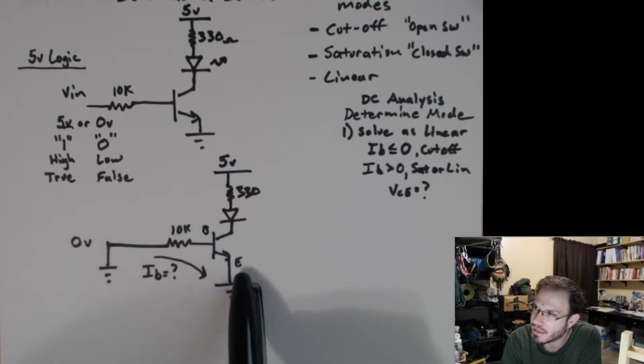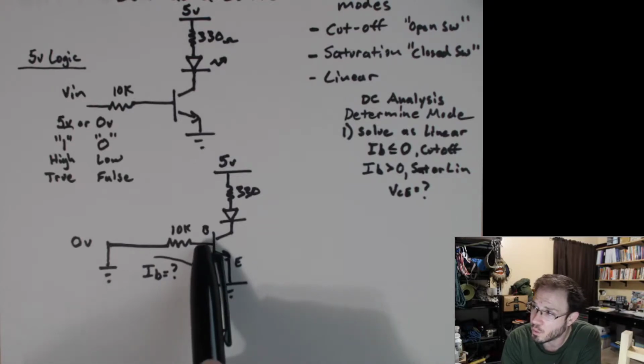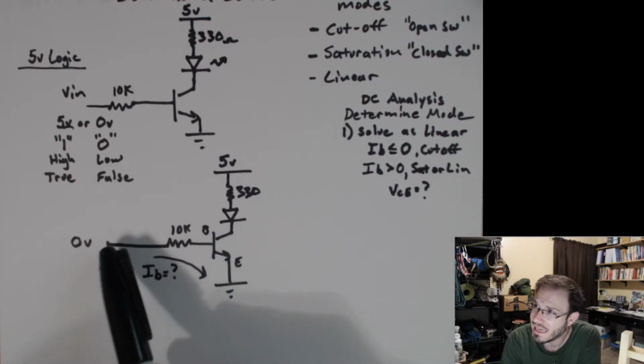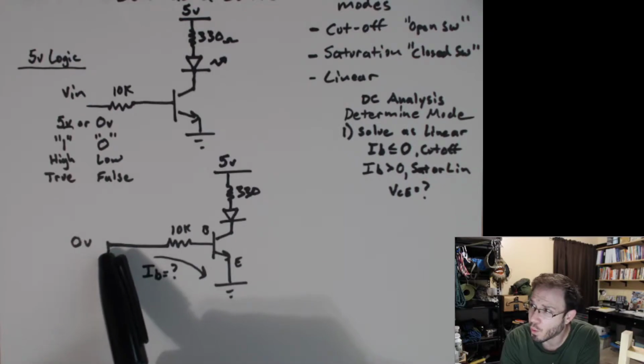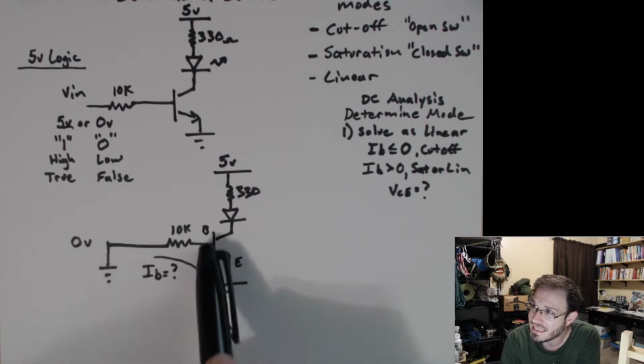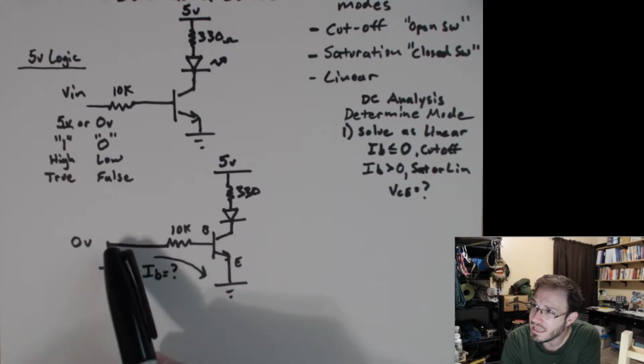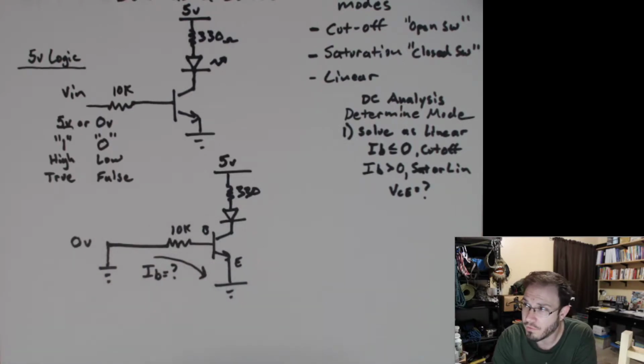Remember, we have this diode that's been formed between the base and the emitter. So we need to be greater than that forward voltage that's built inside of the transistor in order to get IB to even flow in the first place.